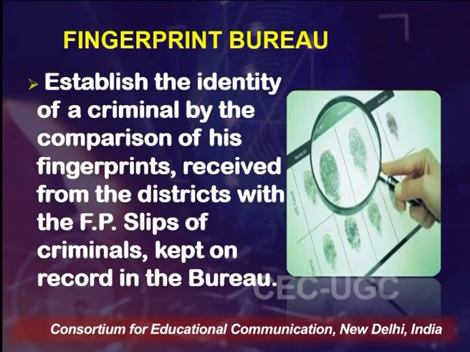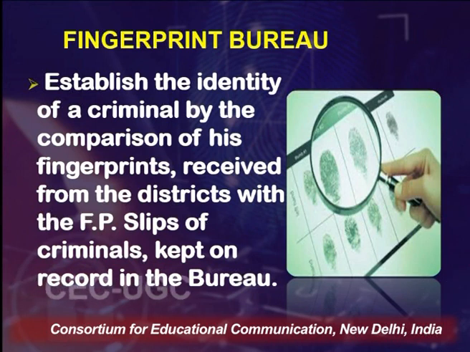Another specialized unit is the Fingerprint Bureau. The officers of the Fingerprint Bureau are also ranked as SP, DSP or constables, etc. These officers establish the identity of a criminal by comparing his fingerprints received from the districts with the fingerprint slips of criminals kept on record in the bureau.